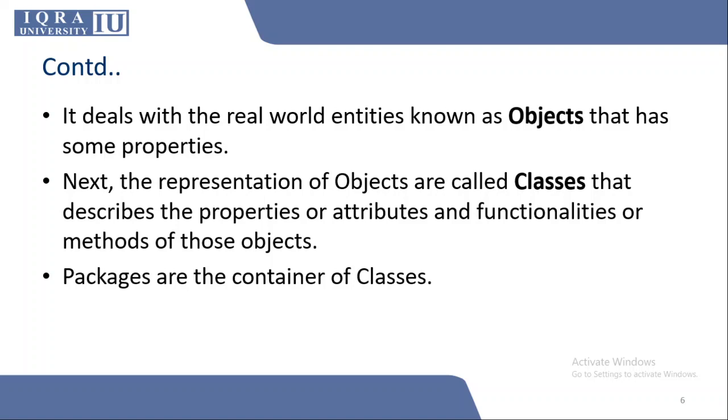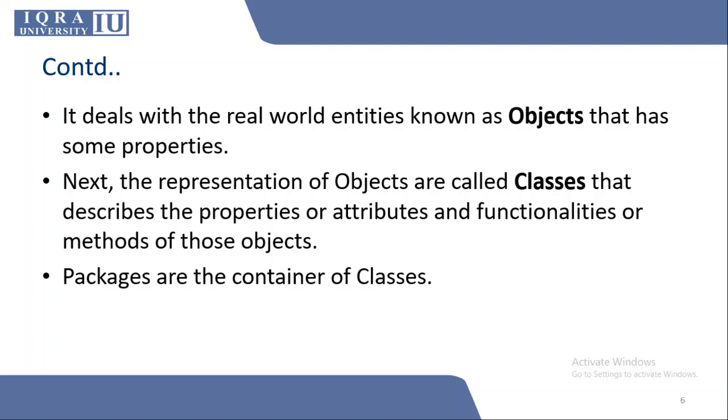It deals with the real world entities known as objects that have some properties. So basically an object is a real world entity. Any real world entity can be referred to as an object in the object oriented paradigm, and every object has some properties.